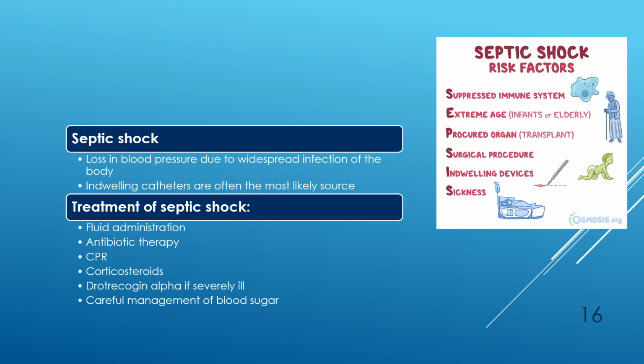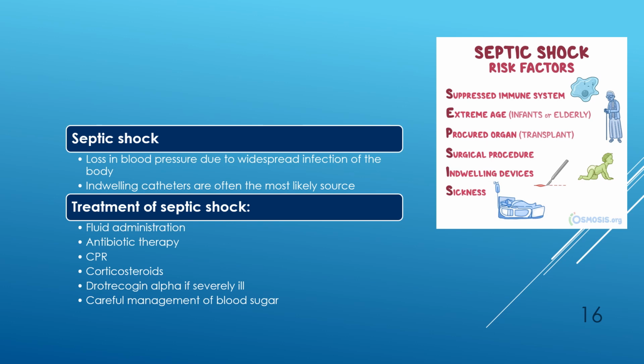There's a treatment called drotrecogin alfa, which has really been shown to be quite useful with these patients. As for septic shock risk factors, if you have a suppressed immune system, suppose you're HIV positive or you're on chemotherapy, and then you show signs and symptoms of shock, that could be it.